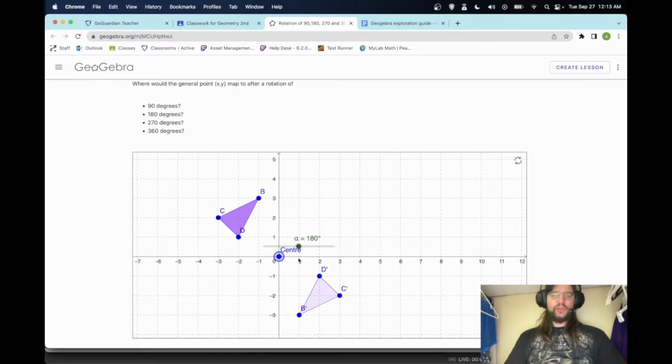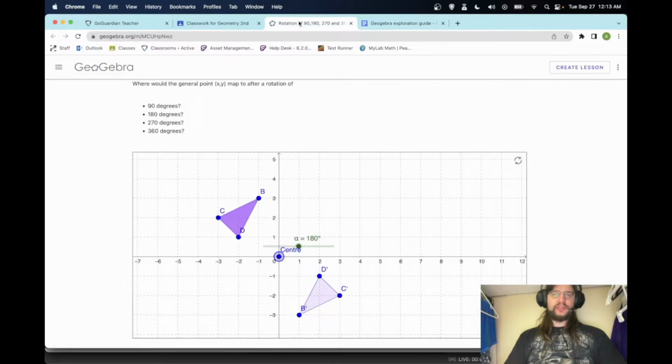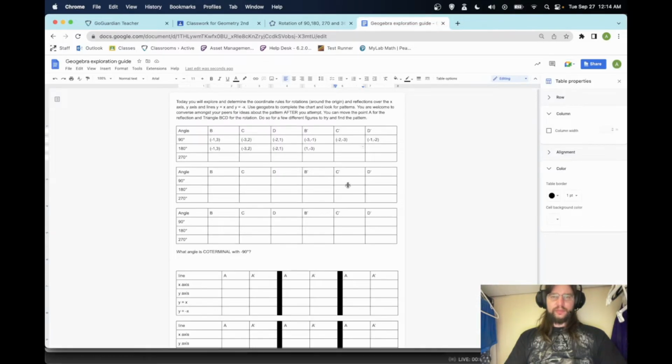B prime is at 1, -3. That should be a comma. I'm writing them as ordered pairs. Please do the same. 3, -2 for C prime.